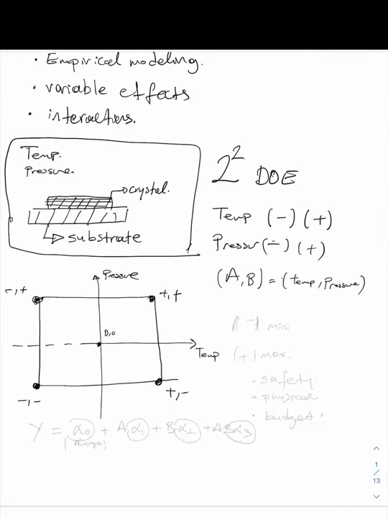Okay, and based on these measurements and the average of all of them, which is the 0, 0 point, then you can write an equation, say y, which is the response of the system, is alpha 0, which is the average, plus a times alpha 1 plus b times alpha 2 plus ab times alpha 3, and these alpha 1, alpha 2, and alpha 3 values are extracted from your 4 experiments.